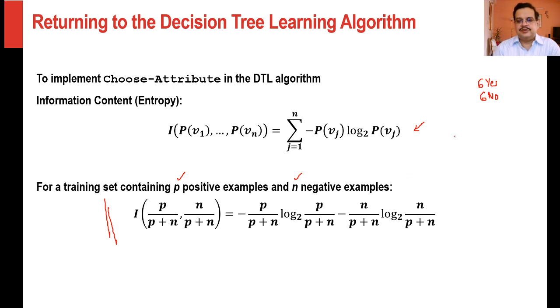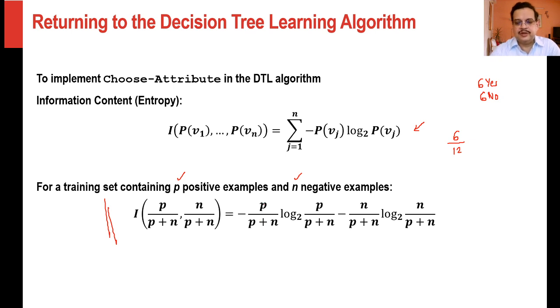Now if I had 6 yeses and 6 nos, then this p by p plus n term will be simply 6 by 12, and then I take the log of them and multiply it by half again.